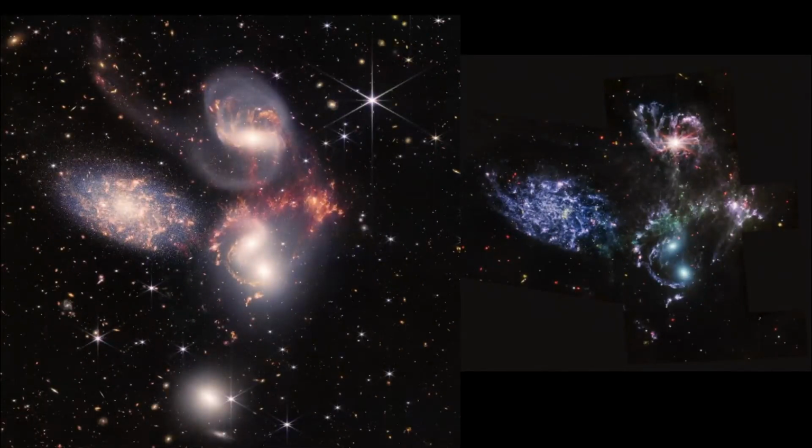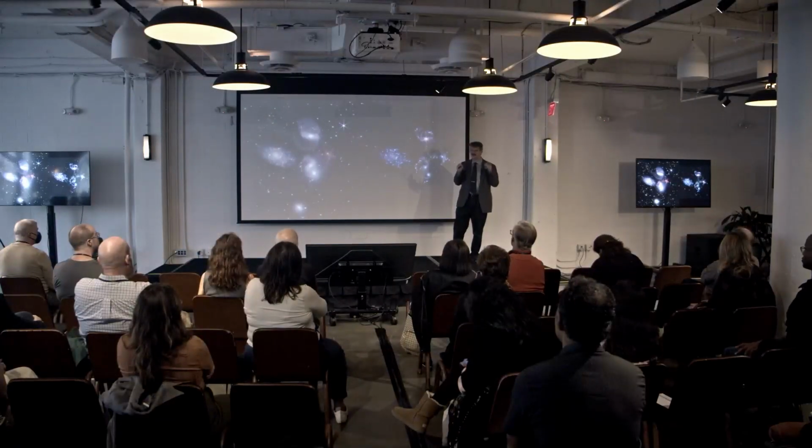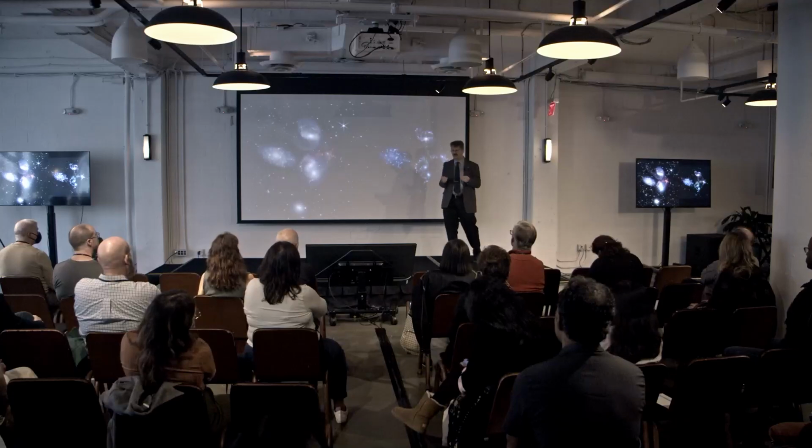But then galaxies change over time, and one important way that they change is by colliding. Now, when galaxies collide with each other, they don't go bang, they kind of go slosh, because most of a galaxy is empty space in between the stars, and the stars themselves very rarely actually collide.